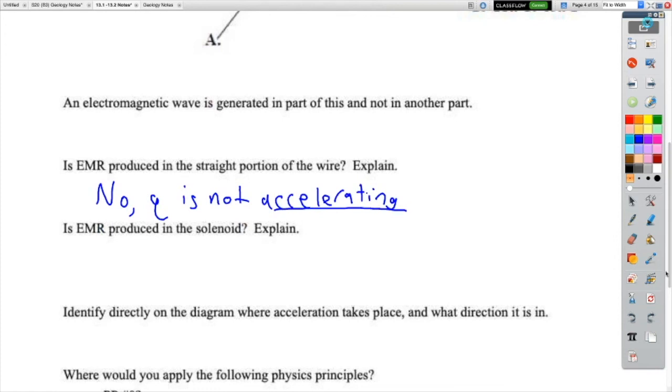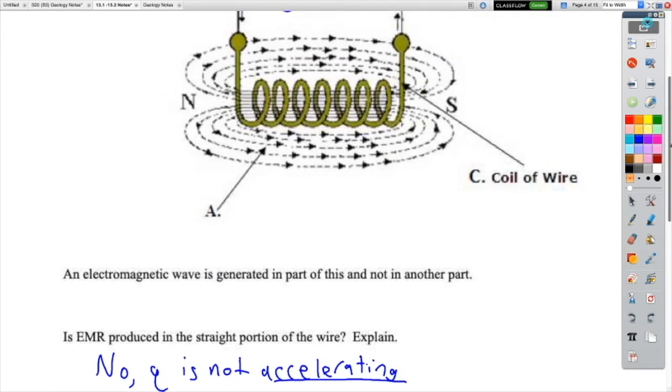Okay, is EMR produced in the solenoid? Now that's the curvy part. Is it accelerating here? You bet, right? Remember, circular motion, even if it's a constant speed of circular motion, is it always moving in the same direction? No, right? It's accelerating centripetally. It's accelerating inward technically. It is always changing its direction. So to accelerate is to change your velocity.